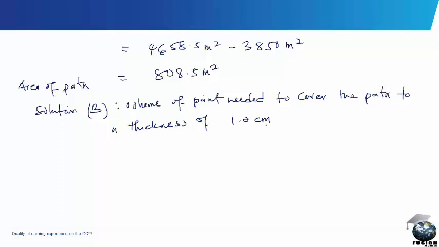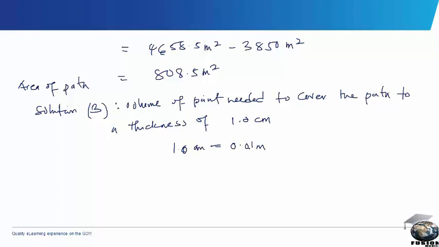Alright, I think we need to do some little conversion. We need to convert centimeters to meters, and so 1.0 cm is equal to 0.01 meters.